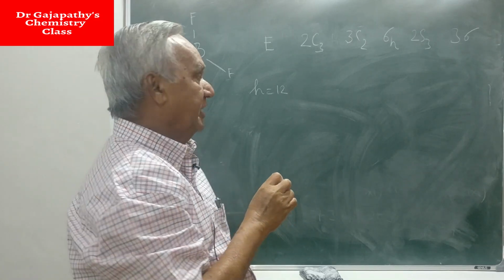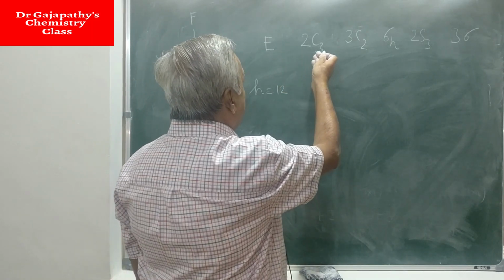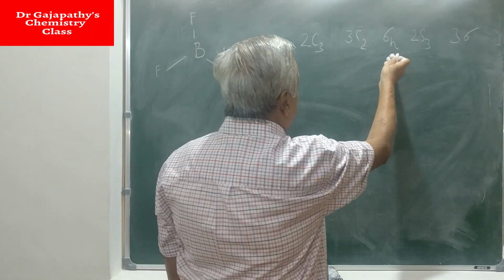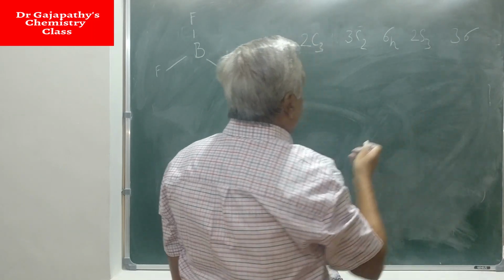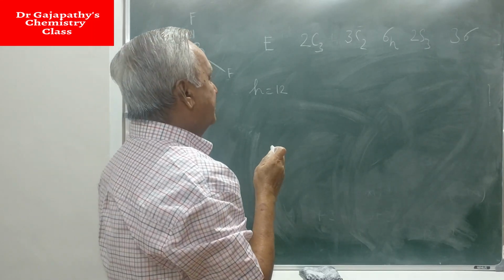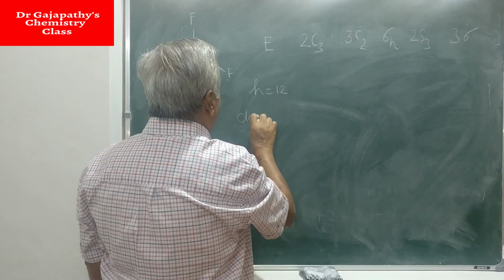How many classes are there? E is a class, the 2C3 belong to a class, 3C2 belong to a class, sigma h is a separate class by itself, 2S3 belong to a class, and 3 sigma v belong to a class. So totally 6 classes are there. Order is 12 and class is 6.